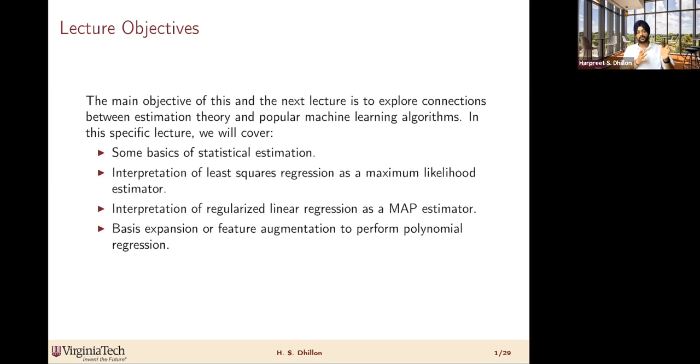When you hear about linear, you might just associate that with linear functions, but that's not really the case. You can augment your features to also learn polynomial functions using exactly the same process. So we'll see what I mean by that when we reach there.